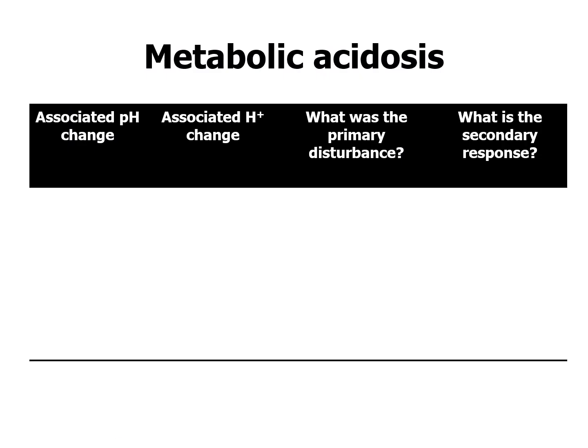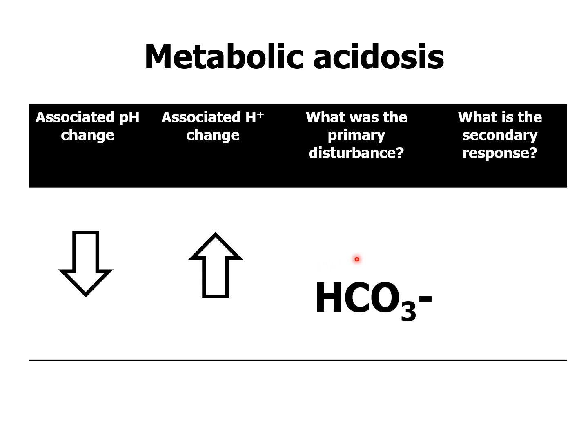This diagram will show the patterns that are associated with metabolic acidosis. In terms of the pH, there is, of course, a decrease in the pH towards the acidic side. When there is a decrease in pH, there will be a corresponding increase in the hydrogen ion concentration. The primary disturbance is on the level of the bicarbonate.